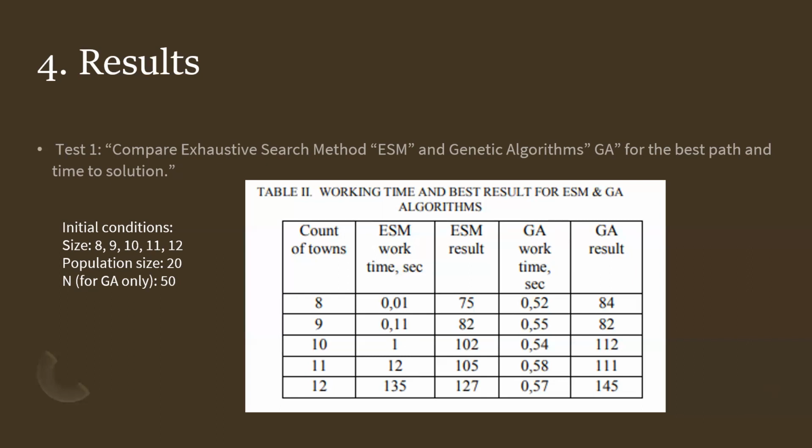So based on the test results, when the number of cities is kept relatively small, the exhaustive search method works well in comparison because it always finds the best available solution and in a shorter amount of time than the genetic algorithm. But increasing the size of the problem changes the outcome dramatically. You get from 10 to 12, you see an execution time of 100-fold.